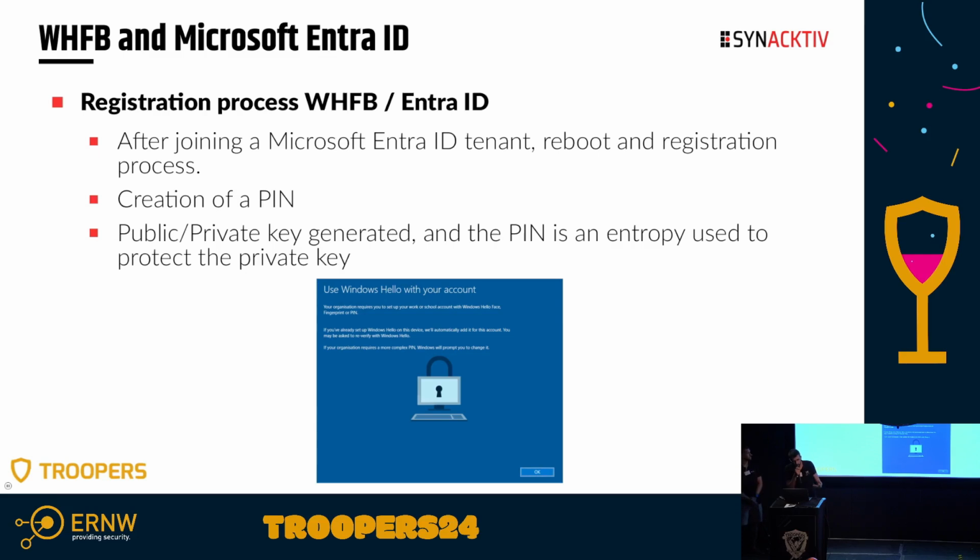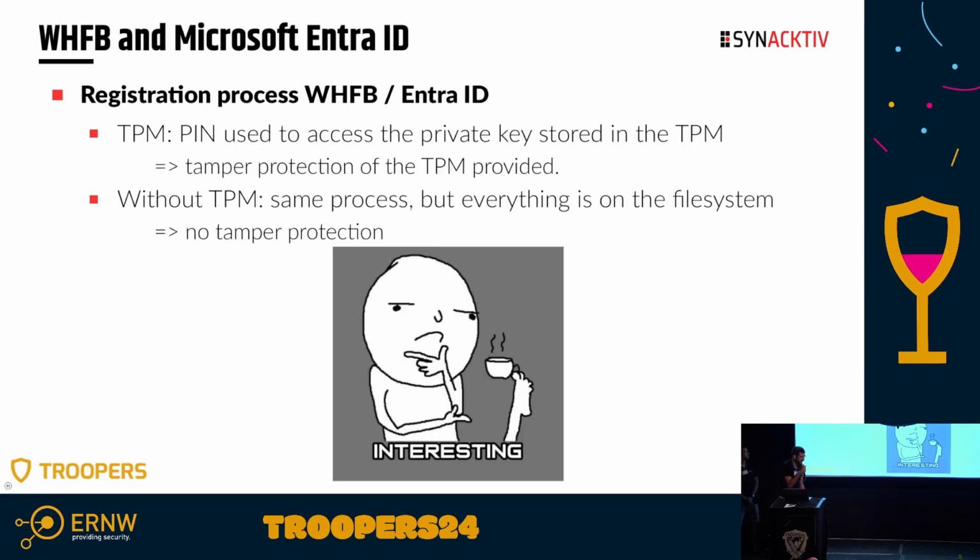So it won't be possible to retrieve the password that way, but we found that if you are using a TPM, the PIN is used to access the private key, and the private key is stored on the TPM. But if you're not using a TPM, the same process applies, but everything lies on the local drive.